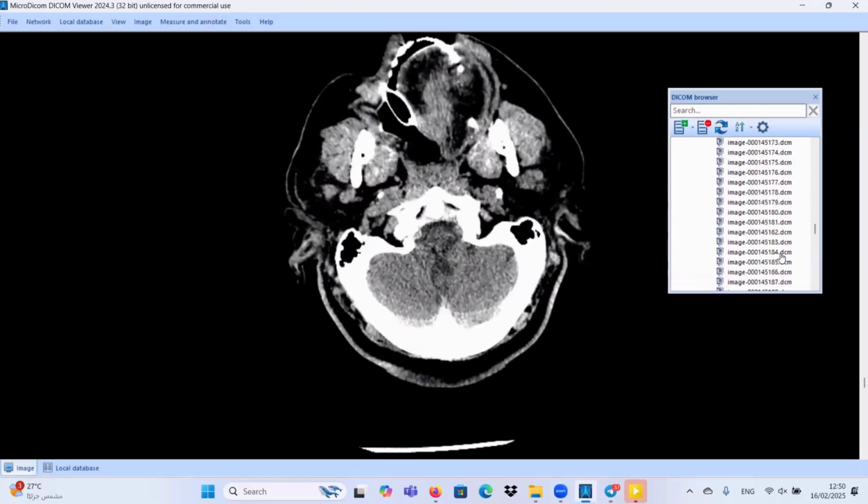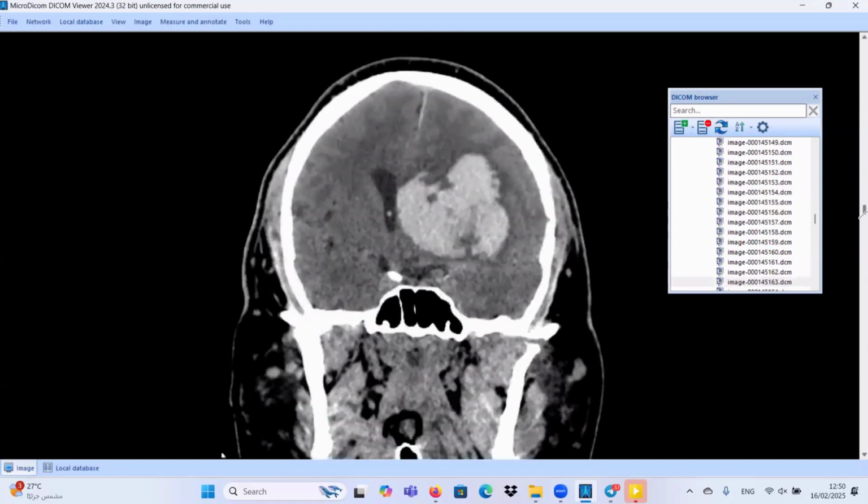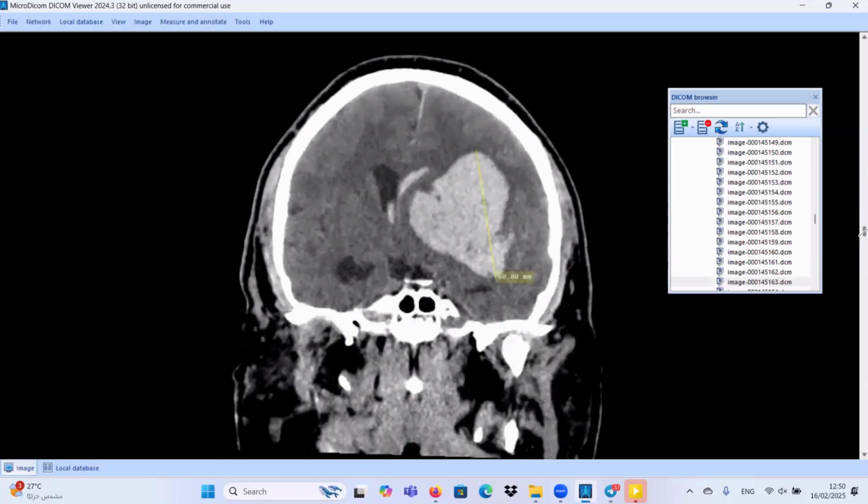Let us go to see the coronal plane. Look for this one. Look here. At the right side, the basal cistern is preserved, while on the left side, it is partially effaced by the herniated brain tissue.